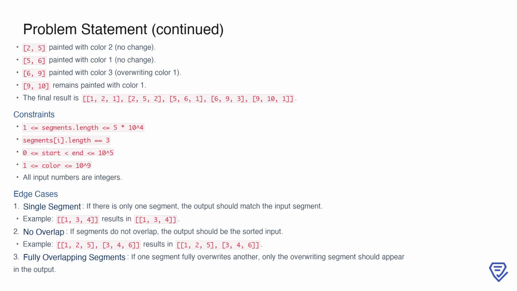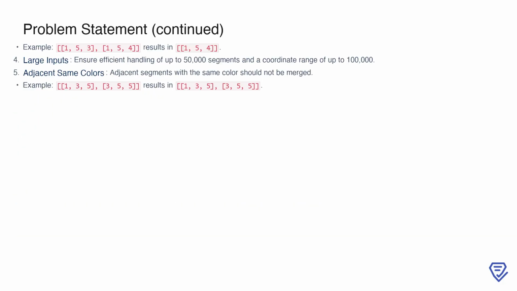There are several important constraints and edge cases to consider when solving this problem. First, if there is only one segment, the output should simply match the input segment because no overlaps occur. For example, the input [1, 3, 4] results in [1, 3, 4]. In cases where segments do not overlap, the output should be the sorted input.